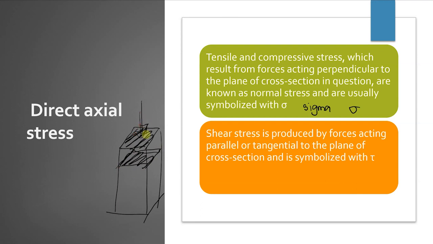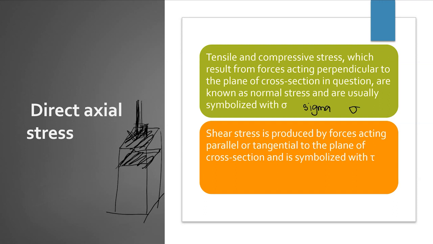So your force is at 90 degrees to the surface, and that surface is the area in tensile or compressive stress. This stress, being perpendicular, we call normal stress.